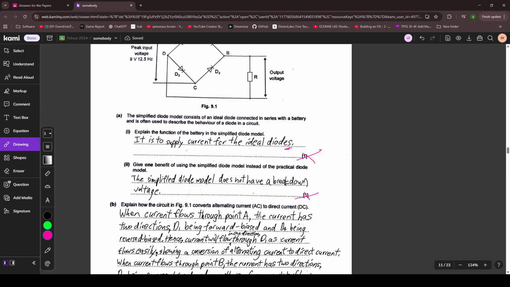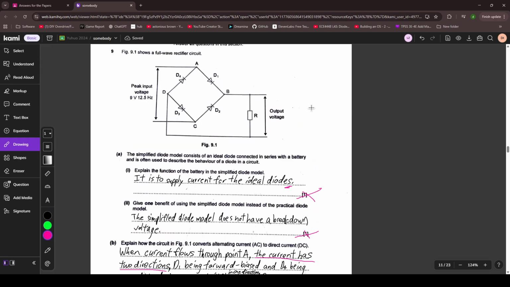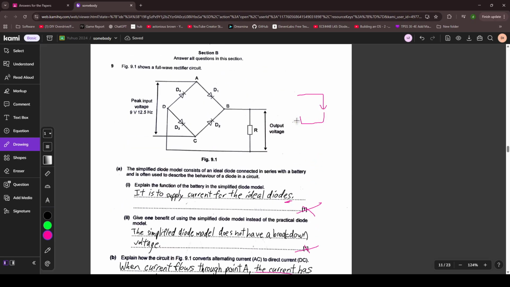I don't like this statement at all, because current has only one direction. Current flows like this, right?